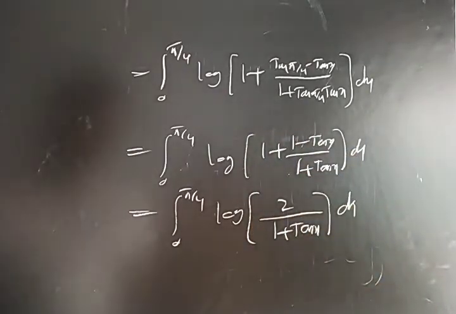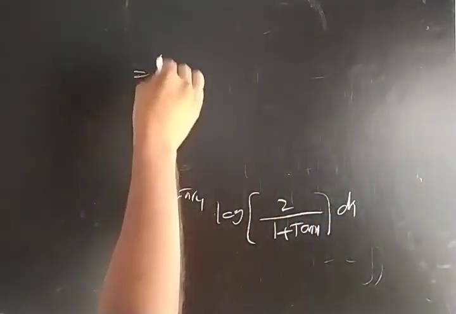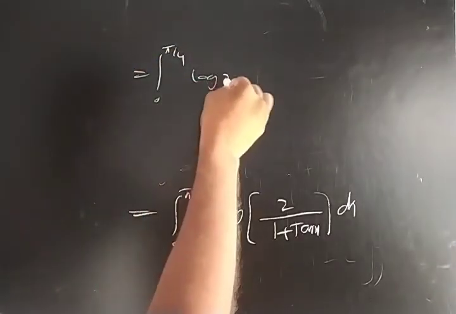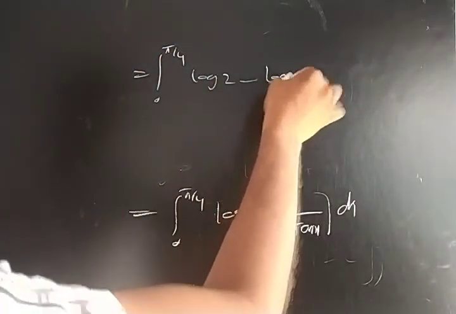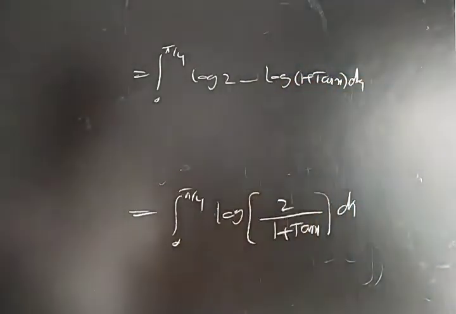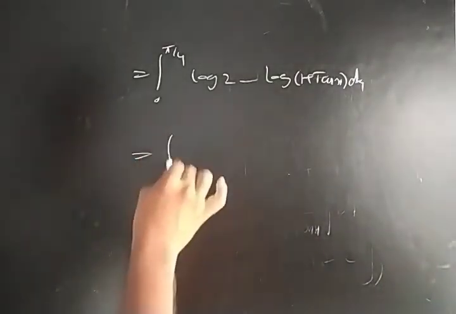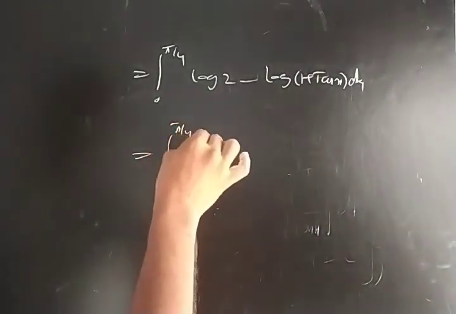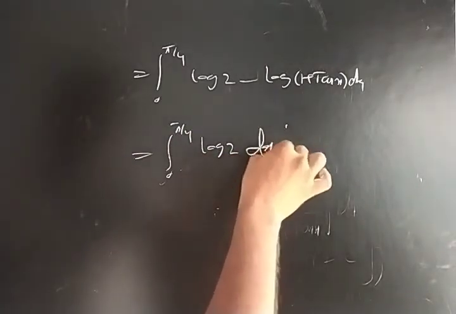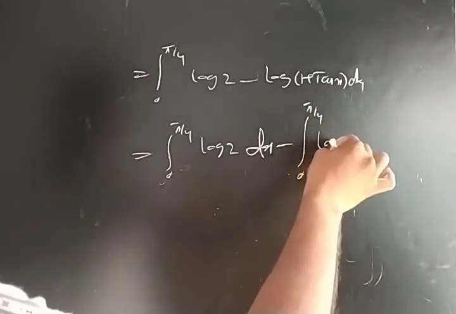So you can write this again as the integral from 0 to pi by 4 of log 2 minus log of 1 plus tan x dx. By splitting this integration, the integral from 0 to pi by 4 of log 2 dx minus the integral from 0 to pi by 4 of log 1 plus tan x.